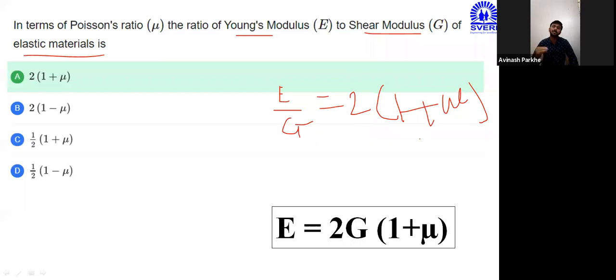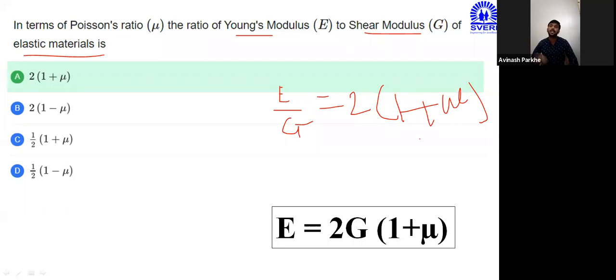Such types of simple problems are also asked in the GATE examination. But here it is very important to remember the actual relation. What is the relation between E and G? What is the relation between E and K? That understanding we have to do here.